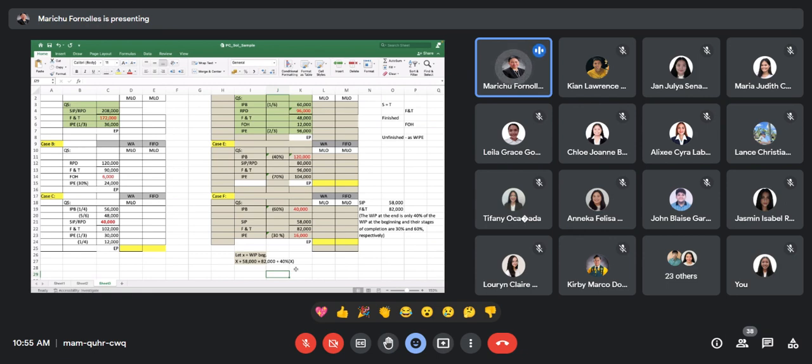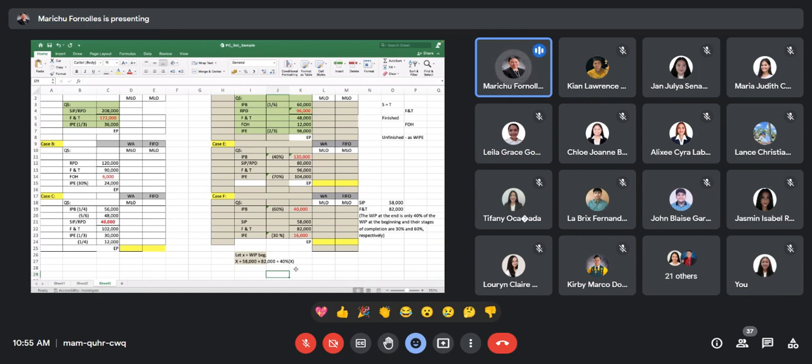So take note of our equation in case F. X plus 58,000 equals 82,000 plus 40% of X. Solve for X. So what is the value of your X?